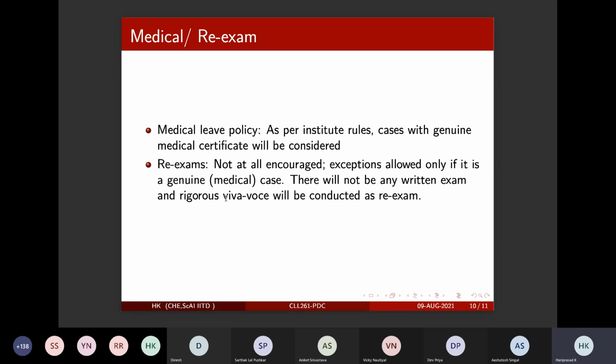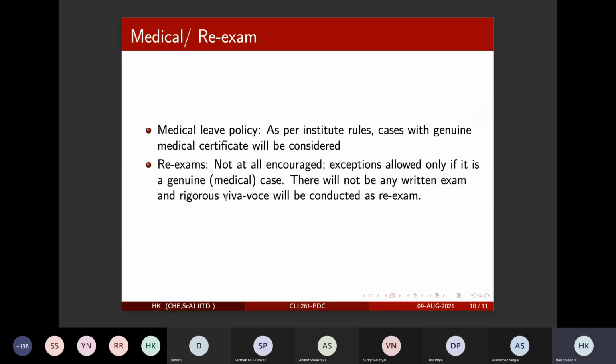So medical re-exam, of course, what is the institute rule? If you have a medical leave, then as per the institute rule, with the medical certificate, we'll go ahead. And the re-exams, technically, I don't encourage. For quizzes, definitely there is no request, because we have 2 out of 3.